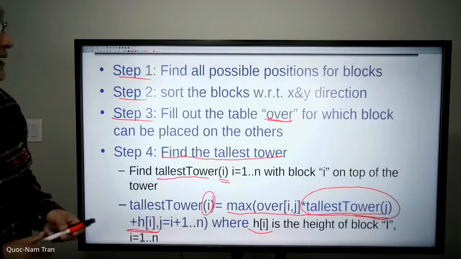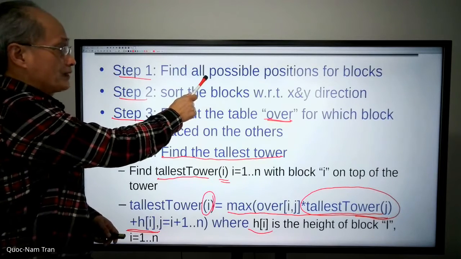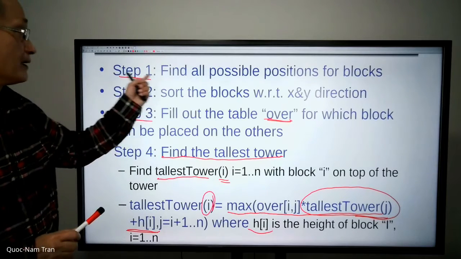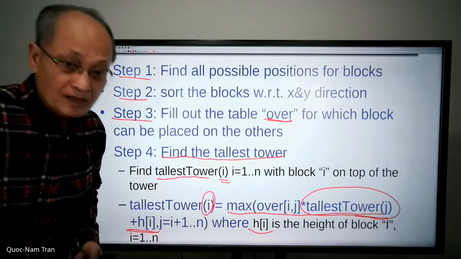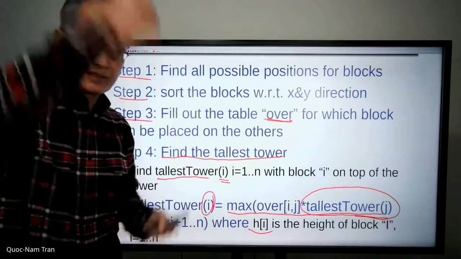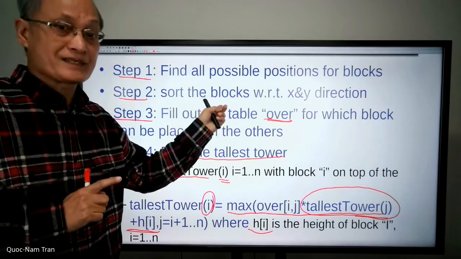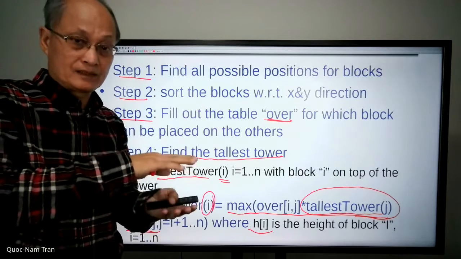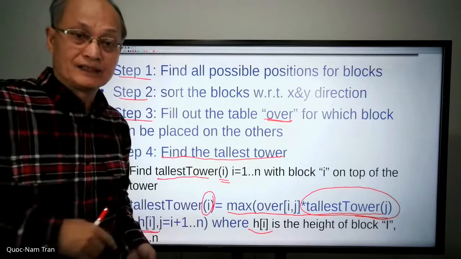Okay, step 1. What is the complexity for step 1? Find all possible positions for the blocks. Big O 1? No, the input has n blocks. You don't have one block. For this example, you have one block. But in general, you can have a set of blocks of 2, 3, or n in general.